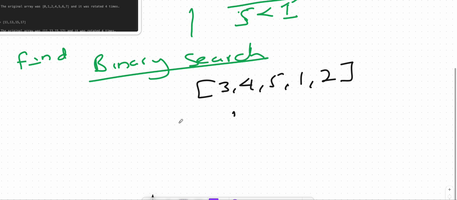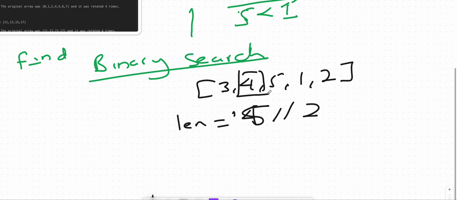The length is 5 but the last index is 4. Then we divide by 2.